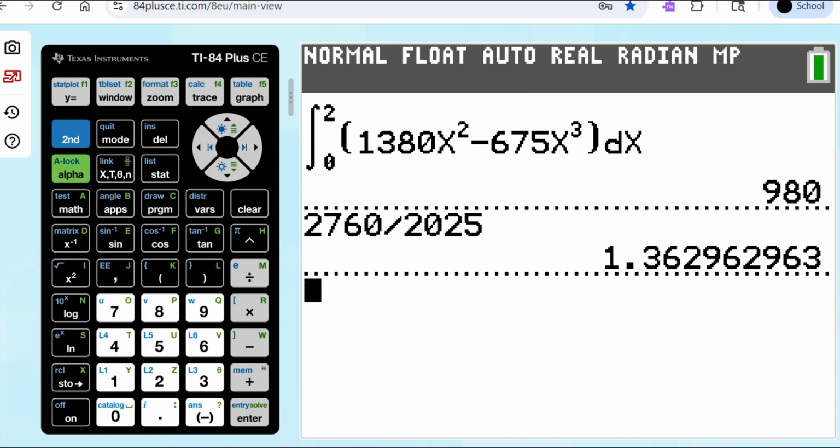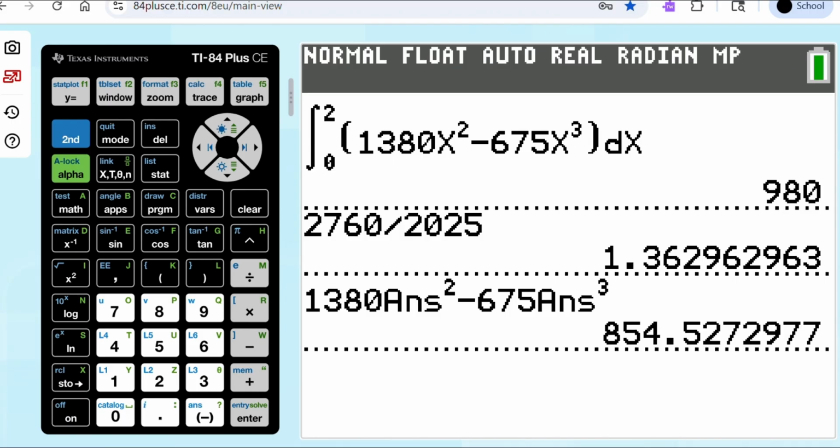Our r function was 1380 times t squared. So we can always just use our previous answer by hitting second answer instead of retyping it. So answer squared, and then minus 675 times that previous answer cubed. And so that tells us 854.527.